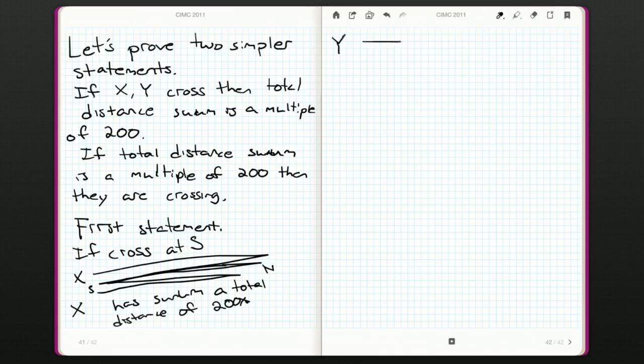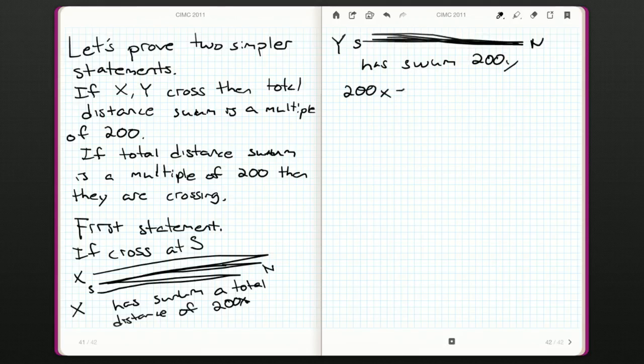How about Y? What does Y look like? He goes back and forth and back and forth and back and forth, so we can say he swum 200y.